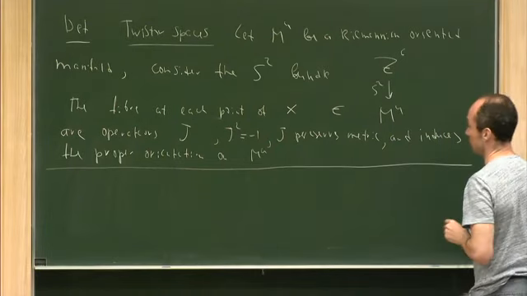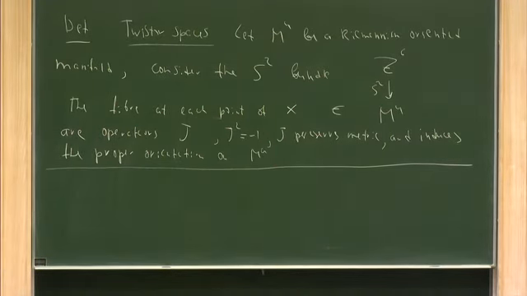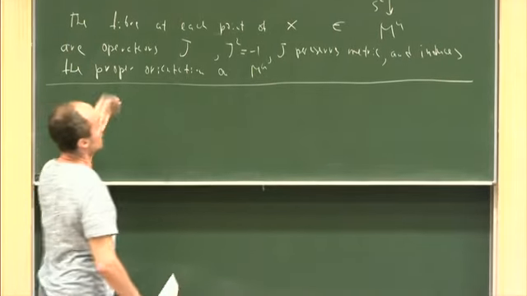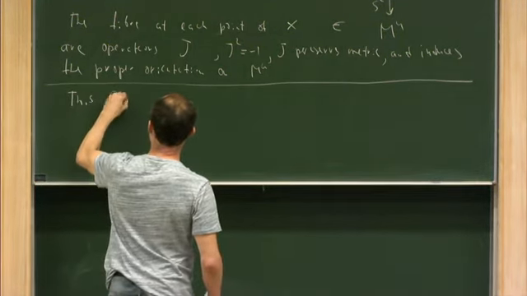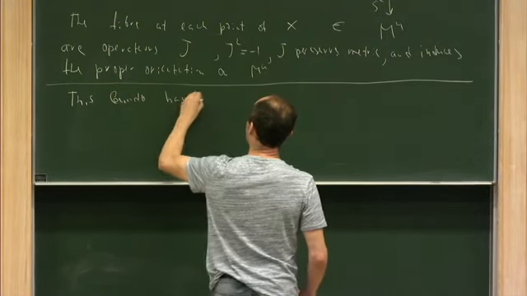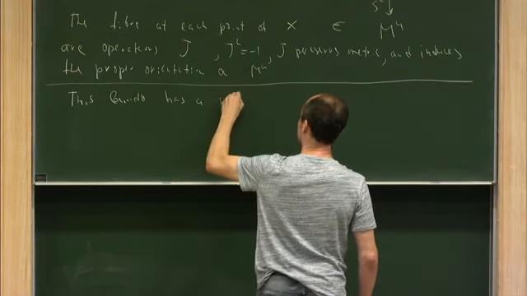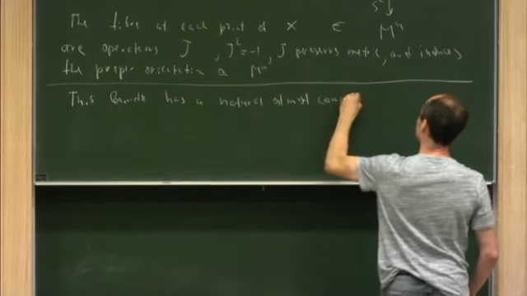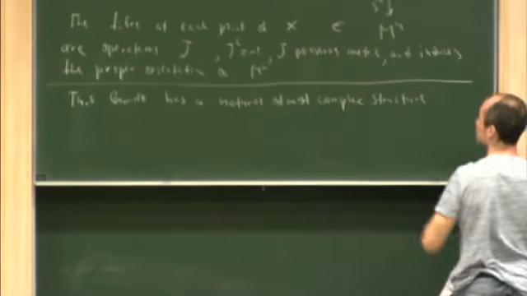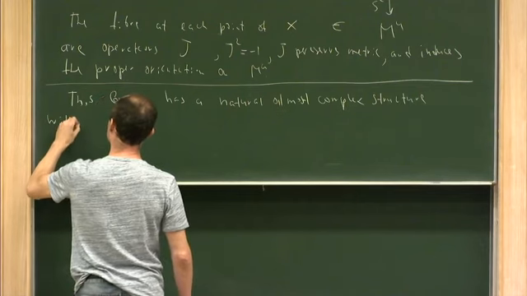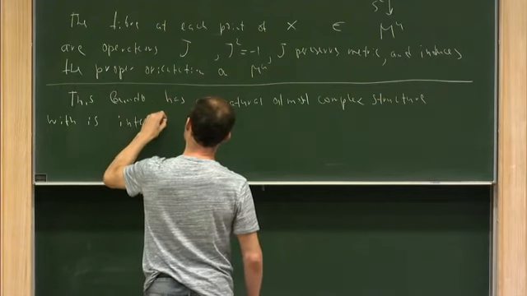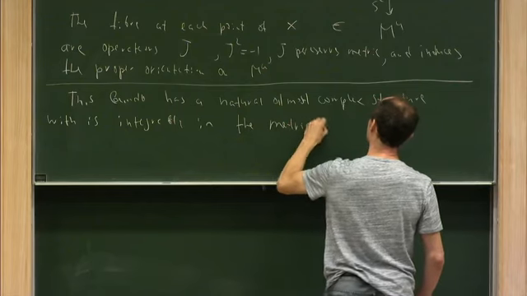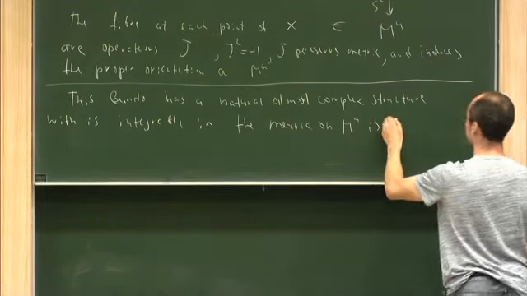so one reason why mathematicians were interested in this, as far as I understand, is that this bundle has a natural almost complex structure, which is integrable, if the metric on M4 is say anti-self dual.